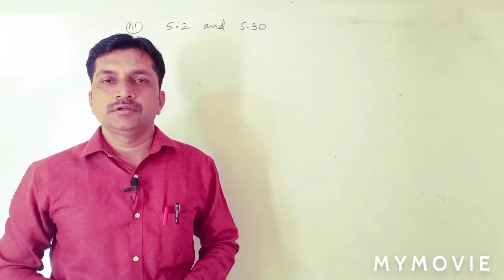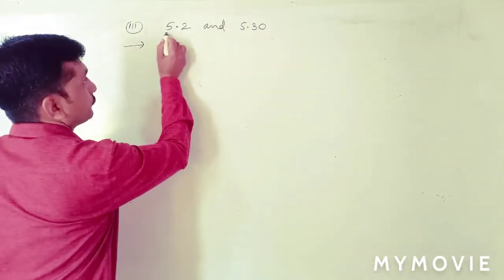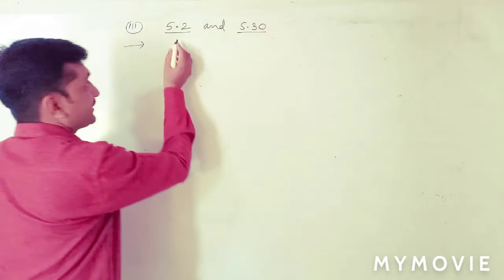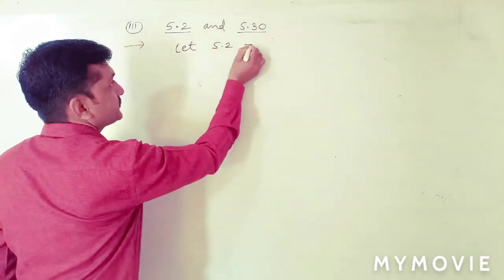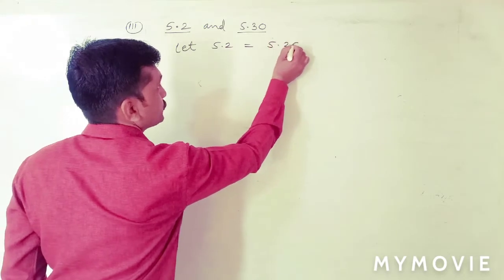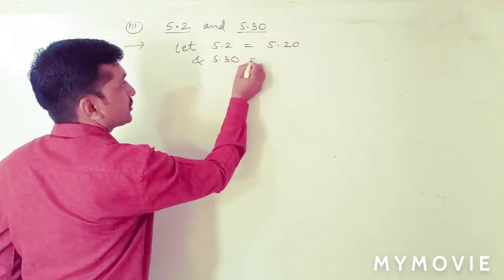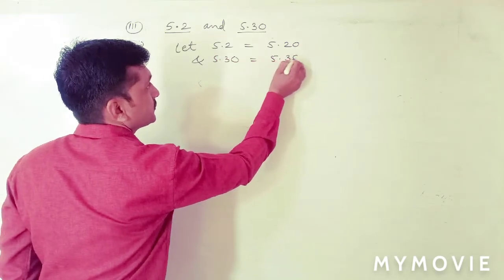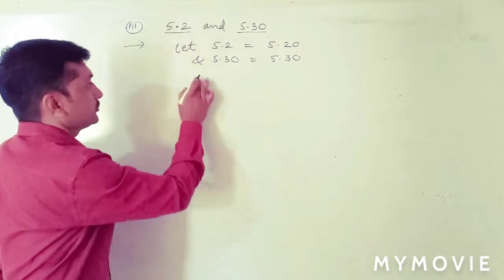Let's solve example number 3. Solution. 5.2 and 5.30, make the digits equal. 5.2 is equal to 5.20, and 5.30 already has 2 digits. 20, 30, means we get 3 numbers between them.